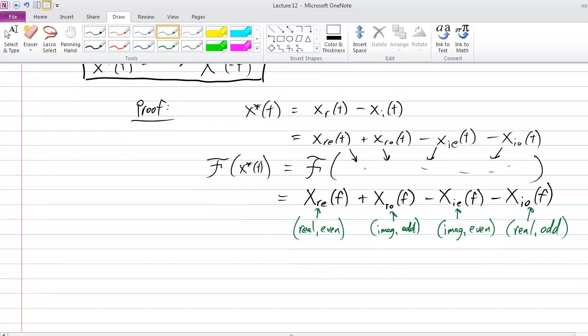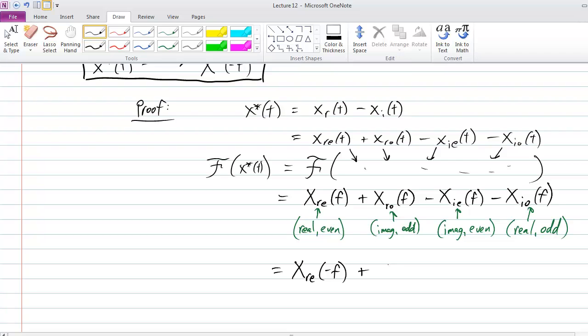let us use the property of even and odd to put in a negative f. If I change this to negative f, because this part is even, changing to negative f does not change anything. So X RE of negative f. And now this part is odd, so if I put a negative f in here, I have a negative out front as well.